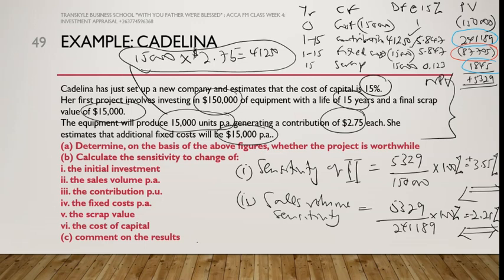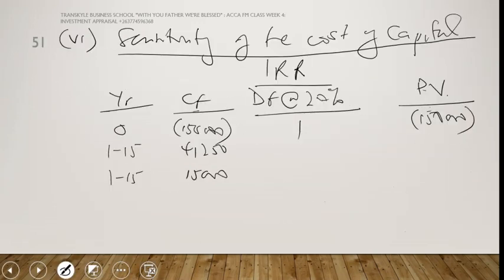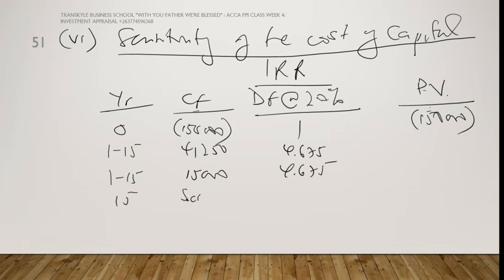Our contribution is okay. We then have to use the annuity factor at 20% for 15 years, so that's 4.675. For the scrap value in year 15, the scrap was 15,000, and the factor should be 0.065.